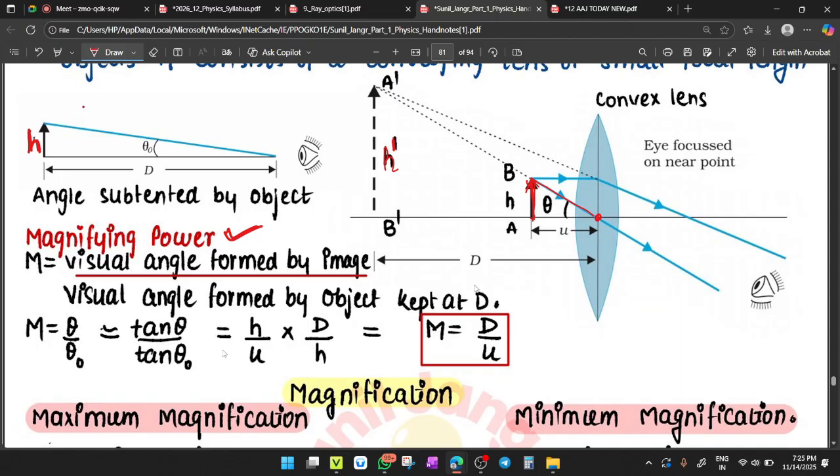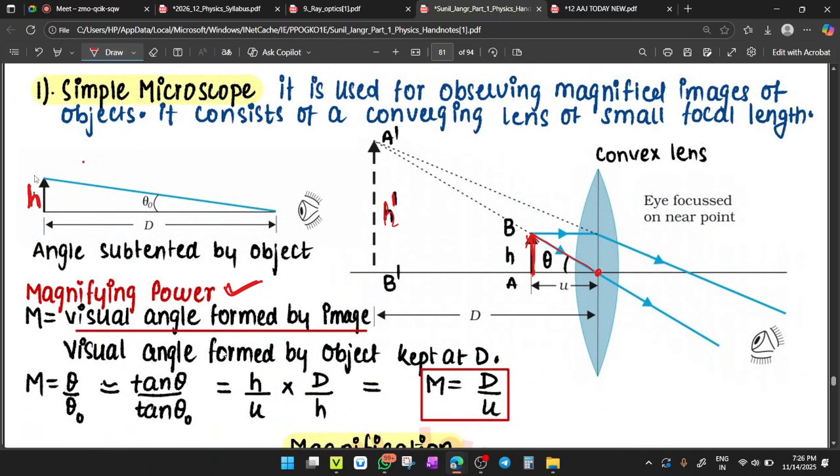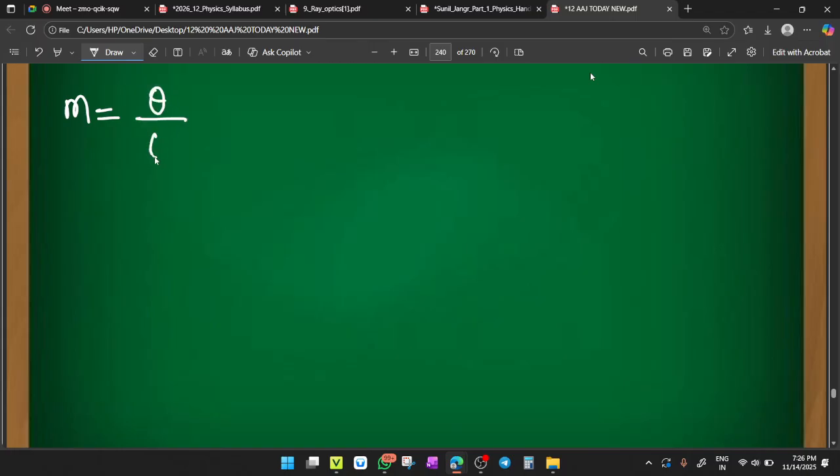So you have two angles. First angle is for the object. Remember, two situations are there. So we have derived here m is equal to theta by theta naught. What is theta?